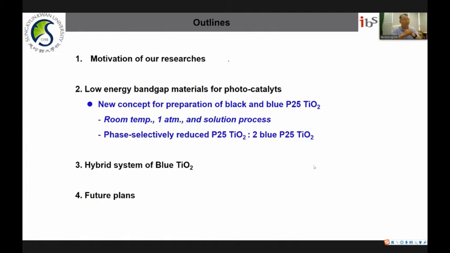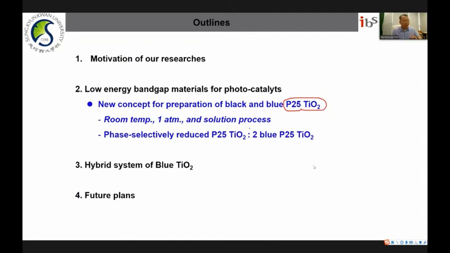First, the motivation of our research, and why we need low energy bandgap materials for photocatalysts, especially P25, which is mixed TiO2. Then we are trying a new concept for preparation of black and blue TiO2 at room temperature.